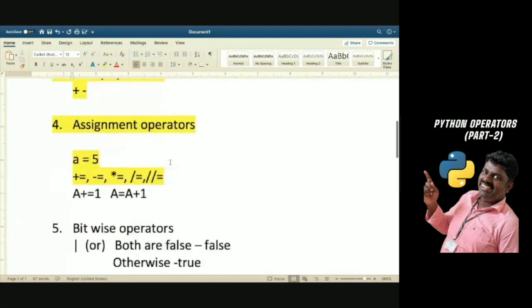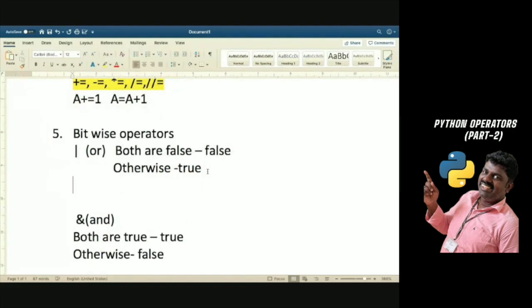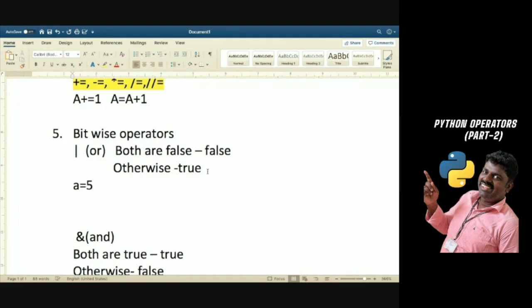Let us see an example with two variables: a equal to 5 and b equal to 3.